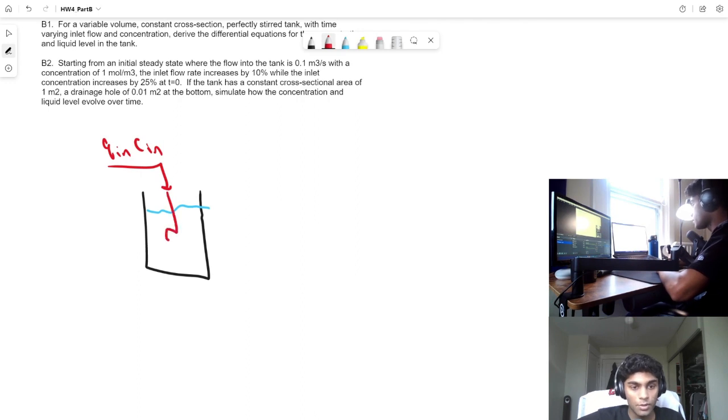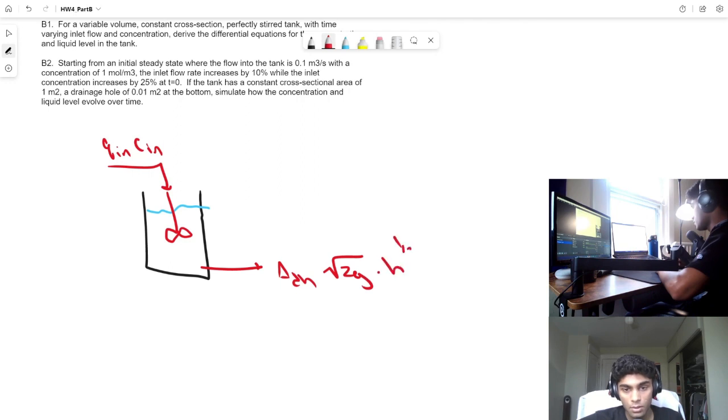It is perfectly stirred. We have a nice little stir over here. And we have a flow out, which, remember, is equal to the cross-section of the drainage hole times the square root of 2g times half the height to the half power.